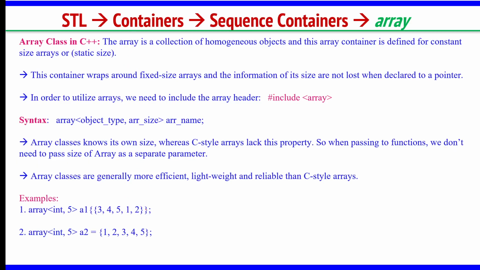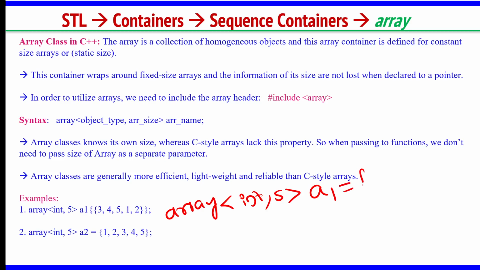See the syntax of declaring that. See the second example, array<int, 5> a2 = {1, 2, 3, 4, 5}. This way you can declare an STL array using a header file. You can assign values like this, or else you can give array<int, 5> a1. Another style is array, in angle brackets int comma number of elements 5, and the variable name a1.